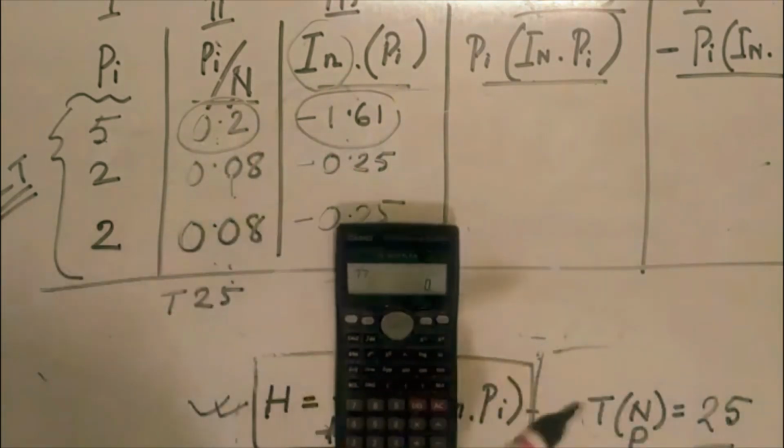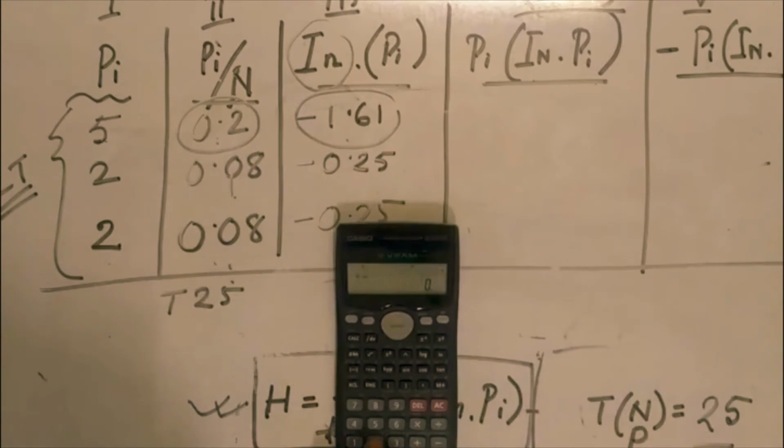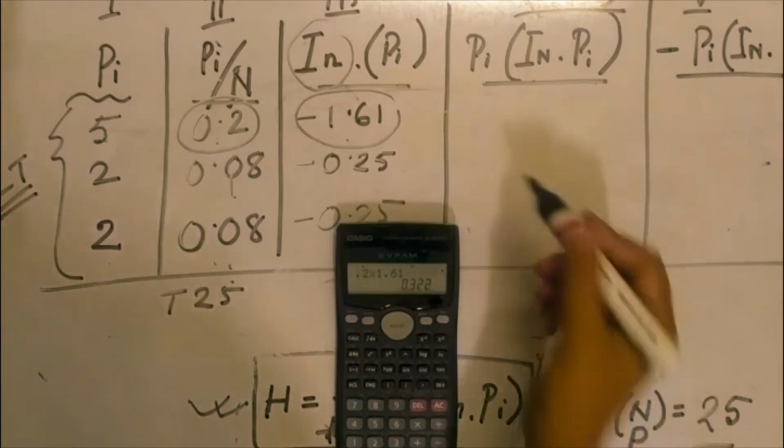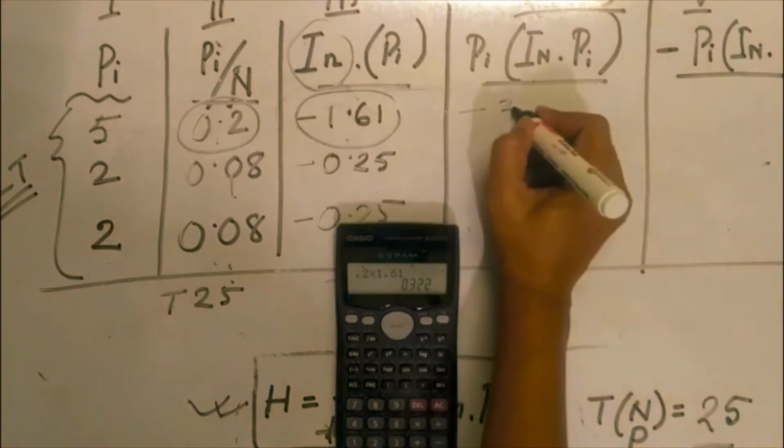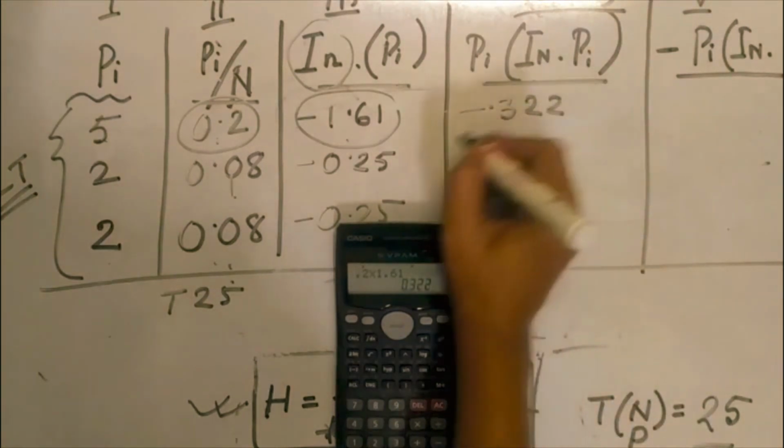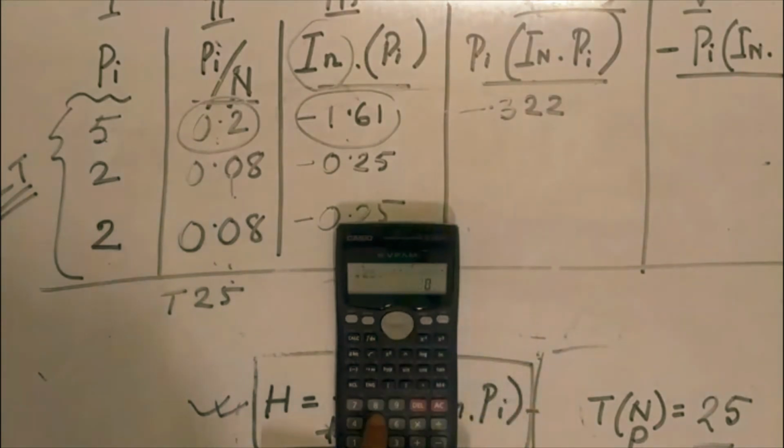With the help of the calculator, 0.2 into minus 1.61. Then 0.08 into minus 2.52. Then you have to write down minus 0.322. Then 0.08 into 0.08.